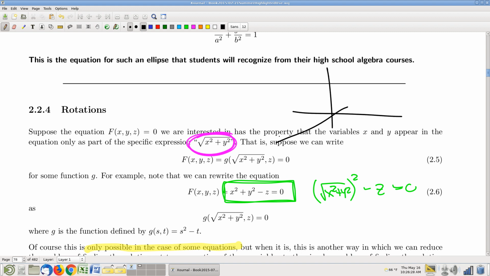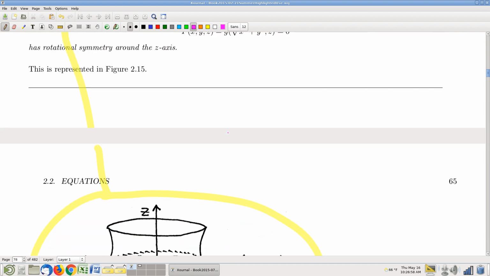If you have some point here, the point x comma y comma z, the closest point on the z-axis is 0 comma 0 comma z. That's that closest point, and this distance is the square root of x squared plus y squared. Okay, so let's suppose that happens.